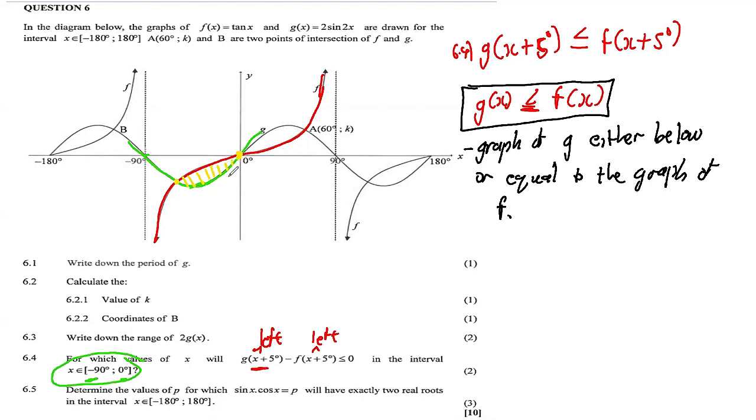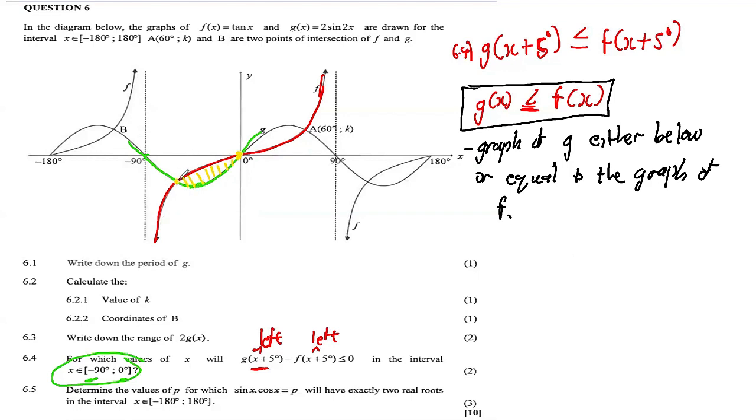So this is where the graph of g is below the graph of f. Now note that in between 0 to 90, this is where we find the green graph being below the red graph. At this point, going to that position, we can see that it is the green graph being above the red graph, which is not what we are looking for. We are looking for the red graph being above the green graph, right? So this is what we have here.